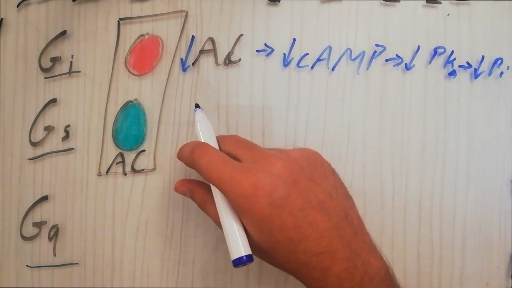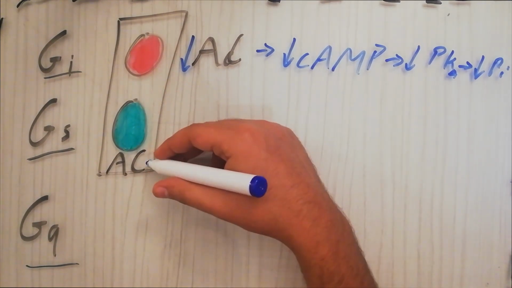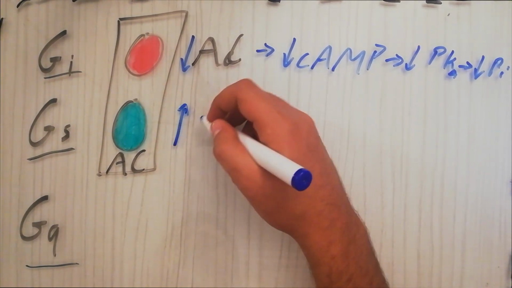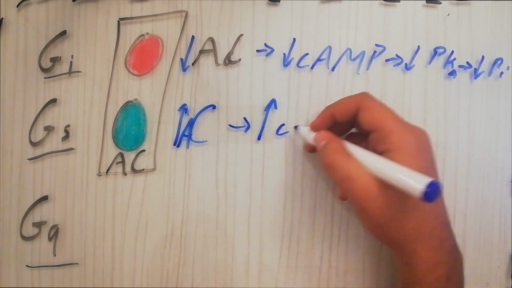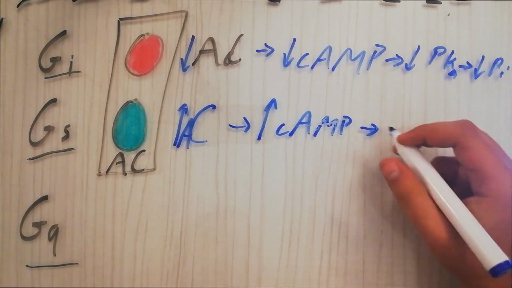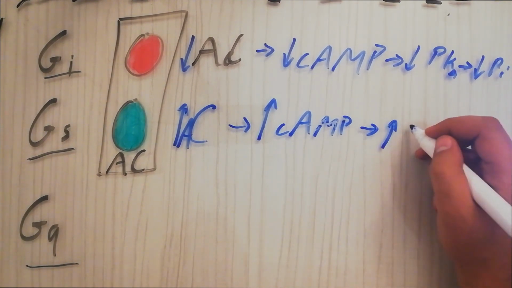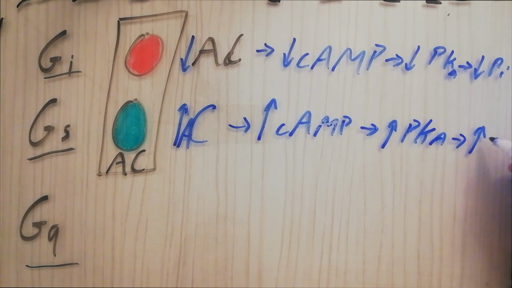Whilst the opposite, Gs coupled G protein coupled receptors, would activate adenylyl cyclase, and then activated adenylyl cyclase would cause an increased cyclic AMP and would lead to more activated protein kinase A, and would thus lead to more protein phosphorylation.